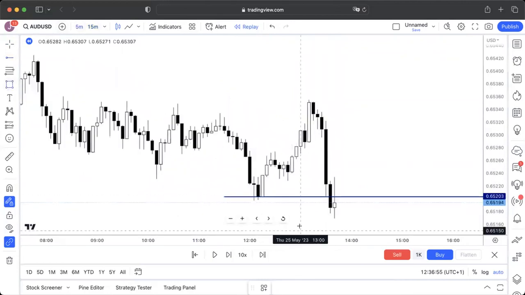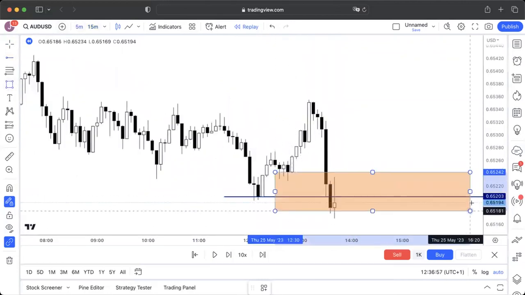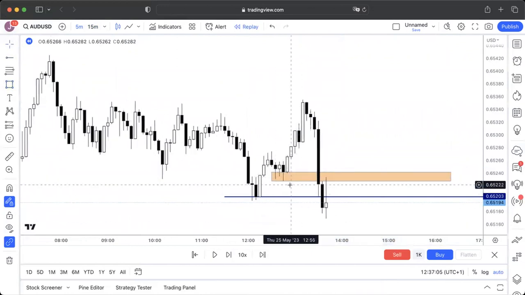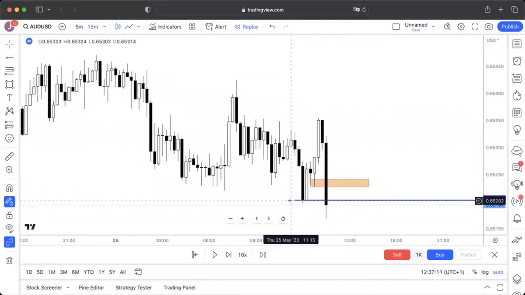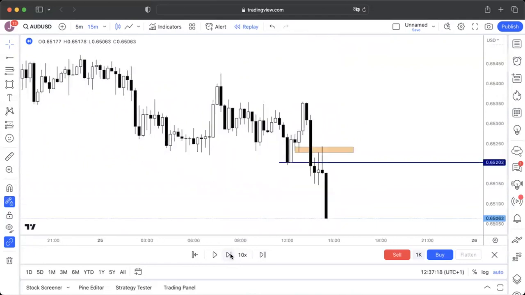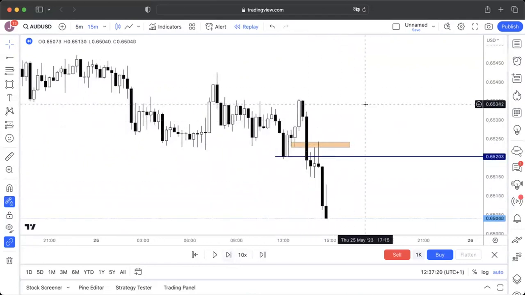If I check the 5 minute, I see this deep test zone. Again, this is because of the wick structure. It was cleanly broken to the downside when price pushed down. You can watch the deep test zone video for more info on that if you need. And then again, I would set my alert on this level for if price pulls back. It does then pull back straight away. We retest this time and continue to the downside.